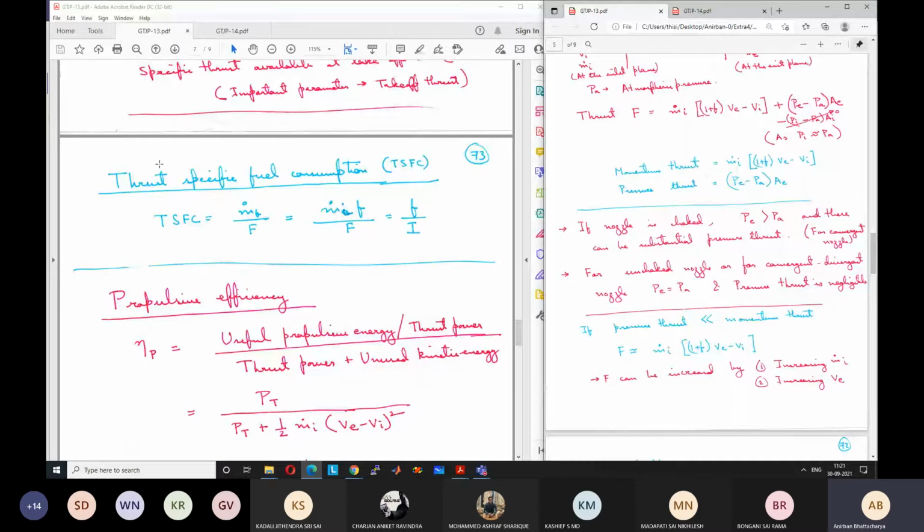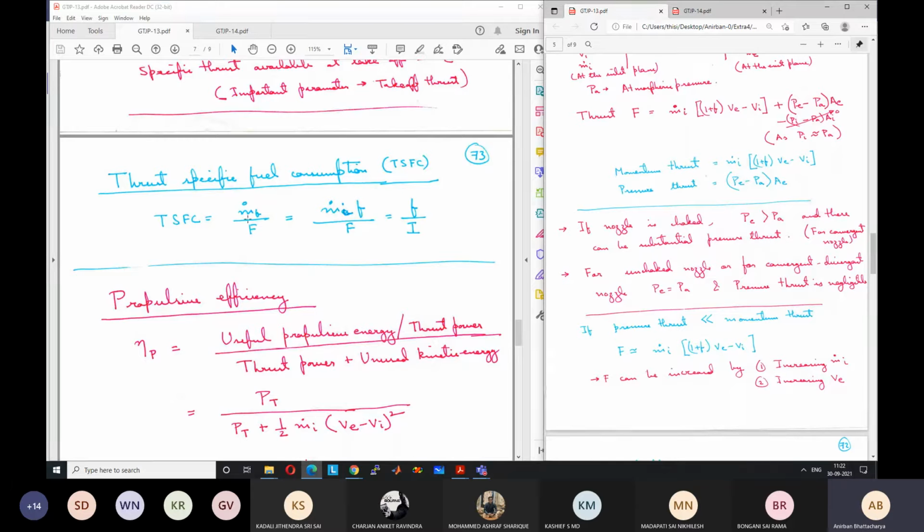In that case, it was defined as the mass flow rate of fuel required per unit power, or per unit work that is generated. Here, the thrust specific fuel consumption is defined as mass flow rate of fuel required per unit thrust, because thrust is the more important parameter for an aircraft engine. So we define the thrust specific fuel consumption as mass flow rate of fuel by thrust F, so m dot f by F.